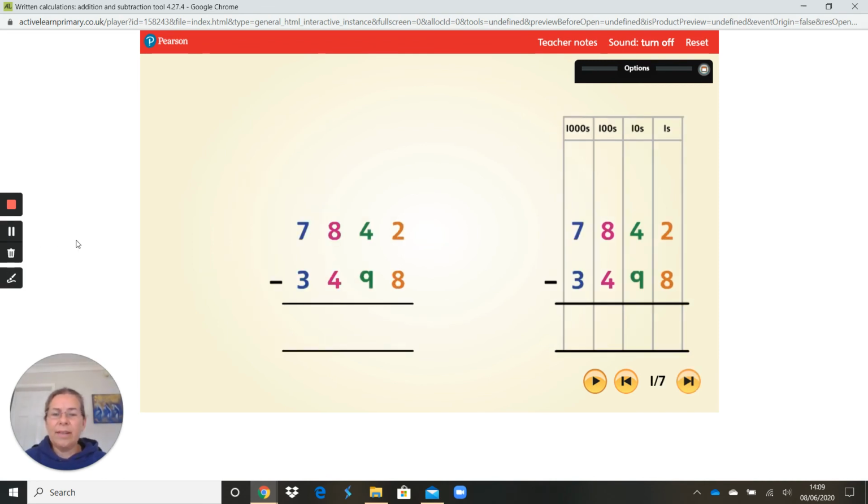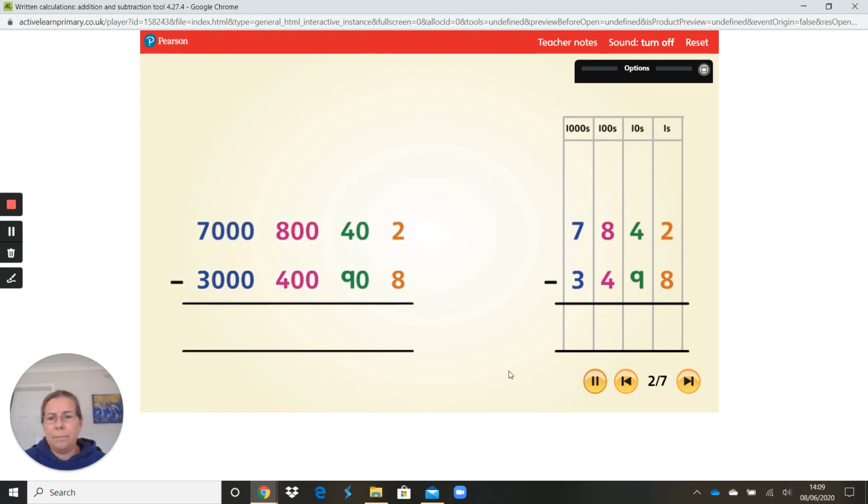Okay, let's have a look at another example. Now we're going to have a look at 7,842 take away 3,498. This one's going to stay in the contracted form. This side is going to look at the expanded form. First, let's expand. 7,842 take away 3,498.